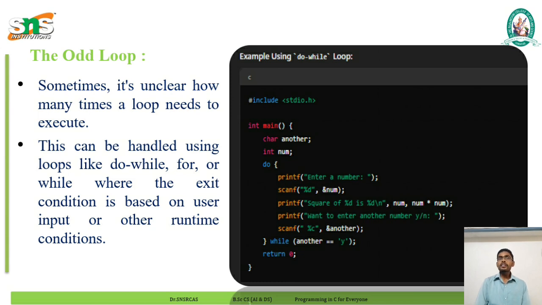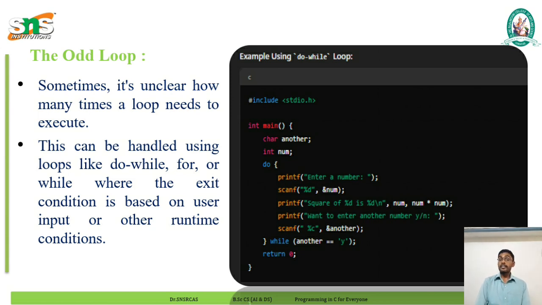The loop execution may sometimes depend on user input. So in that situation, you can use conditions based on the user inputs, and the user input is given inside the loop segment.